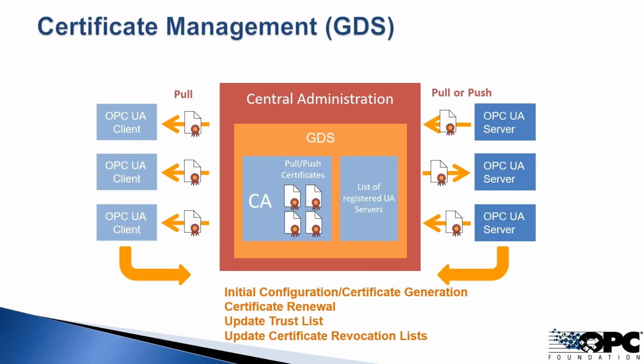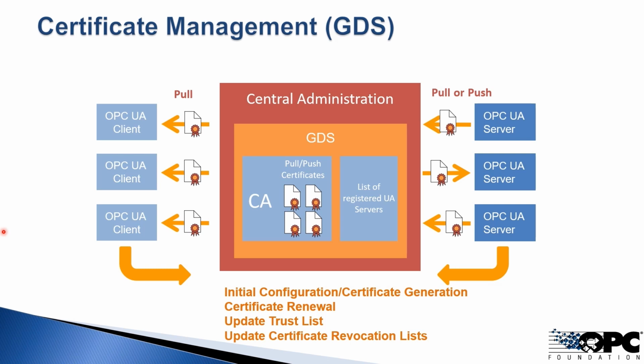So let's move on to our next centralized service, certificate management. As you probably know, OPC UA is heavily based on PKI, public key infrastructure, that is the use of X509 certificates that are used to identify both OPC UA servers and OPC UA clients.